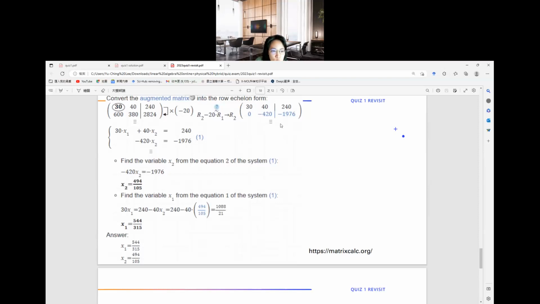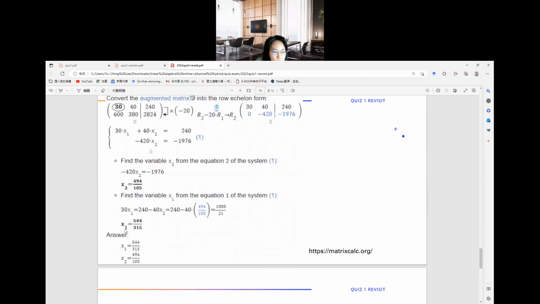This maps to these two equations: 30 times x1 plus 40 times x2 equals 240, and minus 420 times x2 equals minus 1976. These two equations are from the echelon form matrix. Next, we can continue to compute x2 as this value, 494 over 105.